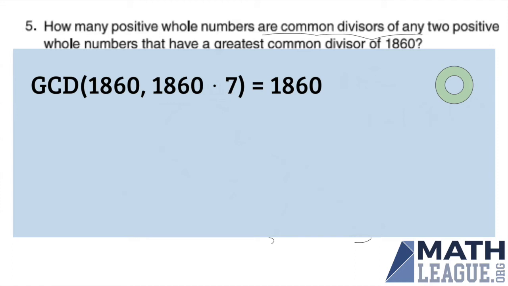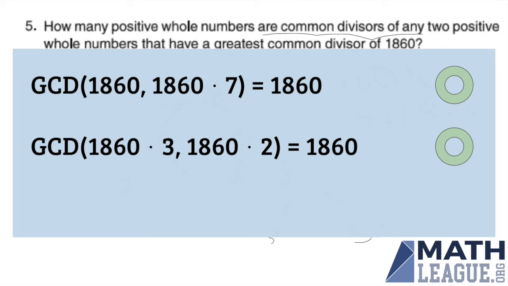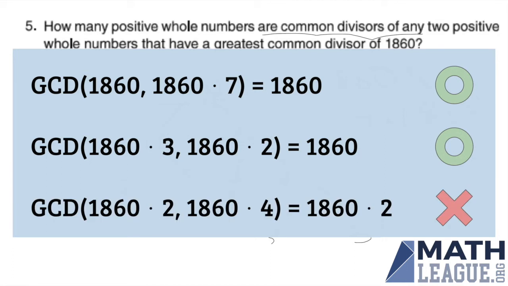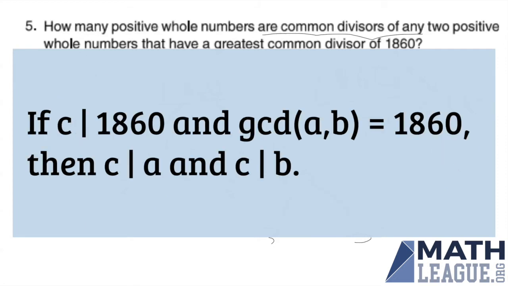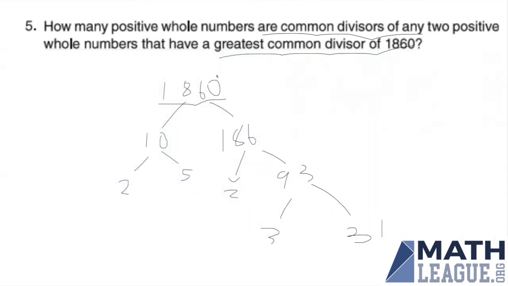And obviously, if you look at a few more examples, you'll find out that the question is simply asking you for the number of divisors of 1860, because if a number divides 1860, then it must divide two numbers whose GCD is 1860, since that is the definition of a GCD. It's like the largest common number that can divide two numbers. So basically, the question is asking us how many divisors of 1860 there are that are positive whole numbers.